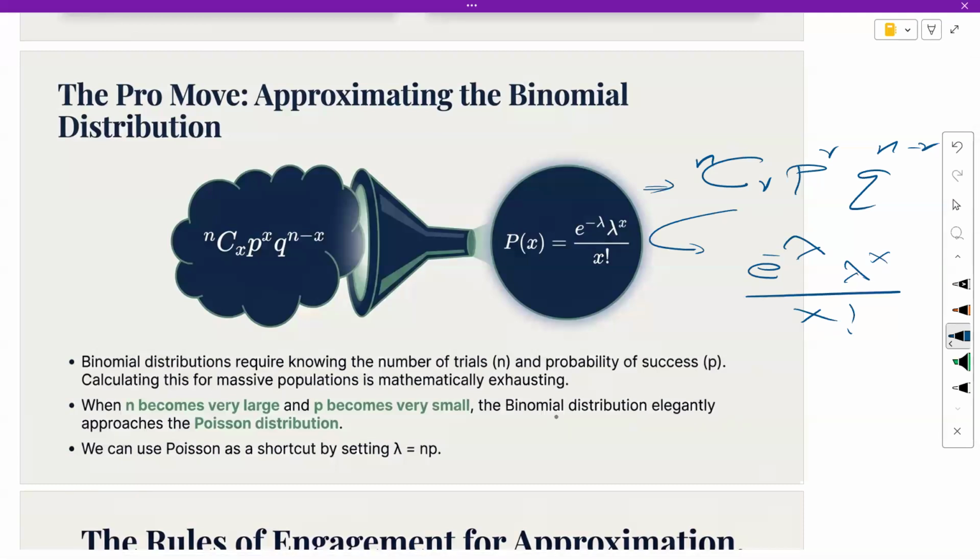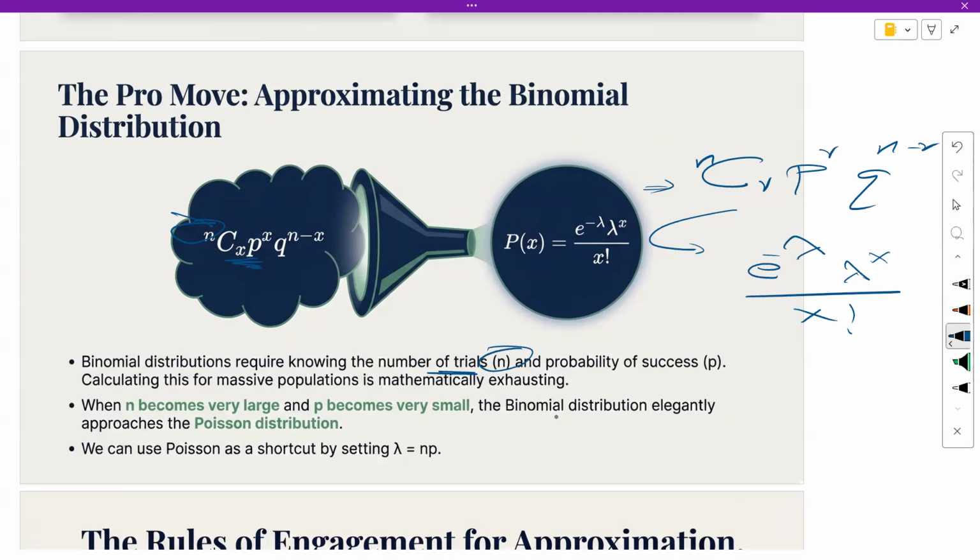Here, what are the conditions? Binomial distributions require knowing the number of trials, that means n, and the probability of success p. Calculating this for a massive population is mathematically exhausting.